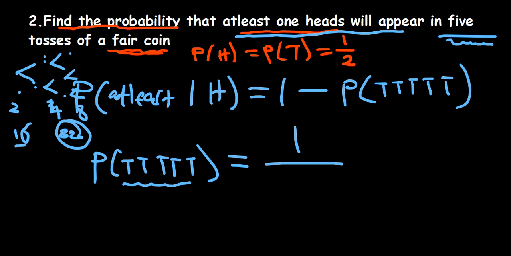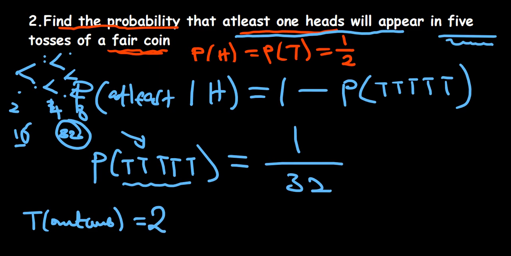So the probability of obtaining 5 tails is just equal to 1 over 32. If you want, you can just say the total outcomes of this experiment: we know that a coin has 2 outcomes, right? So you write 2, to the power of how many times you've tossed that coin.